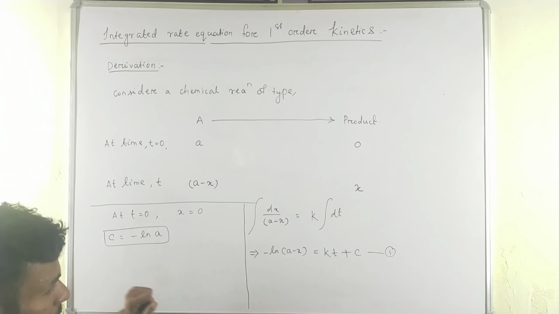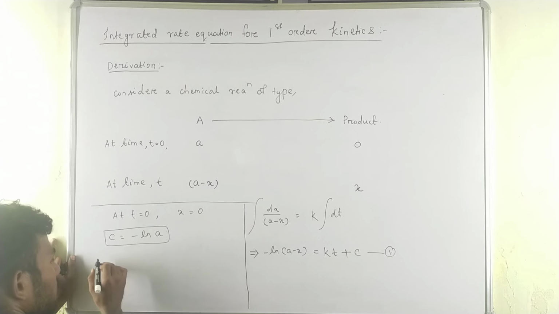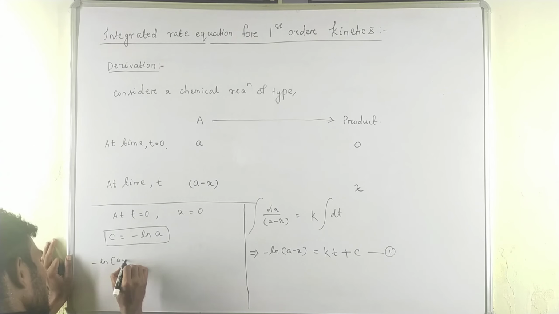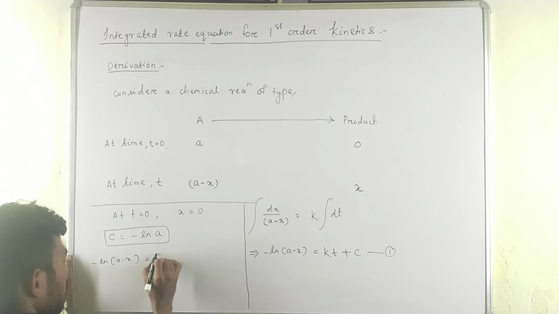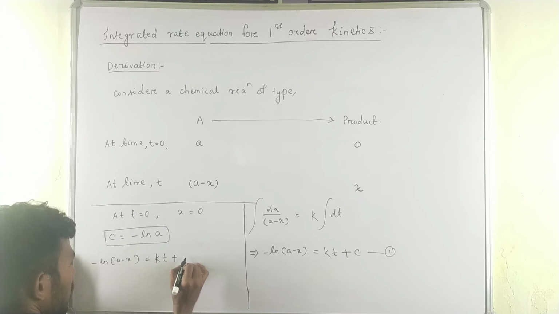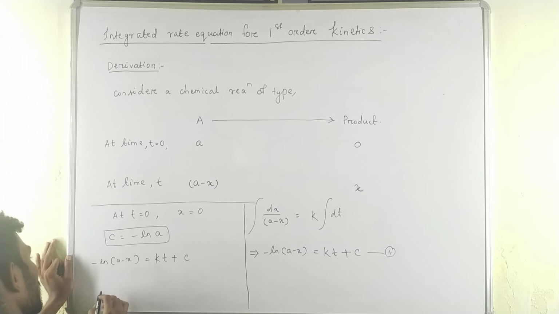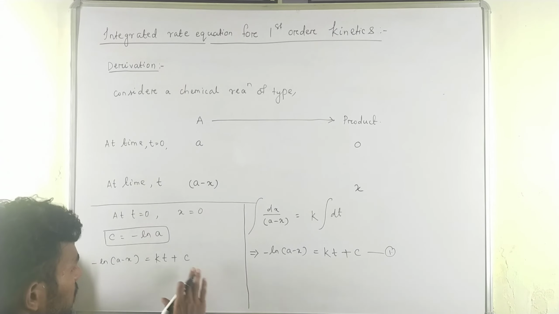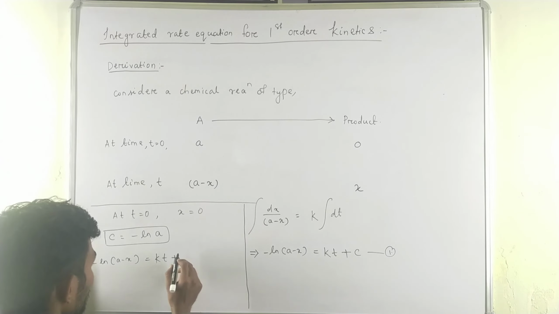Again putting the value of c in equation 1, we have minus ln of a minus x equal to kt plus c, where c is minus ln a.